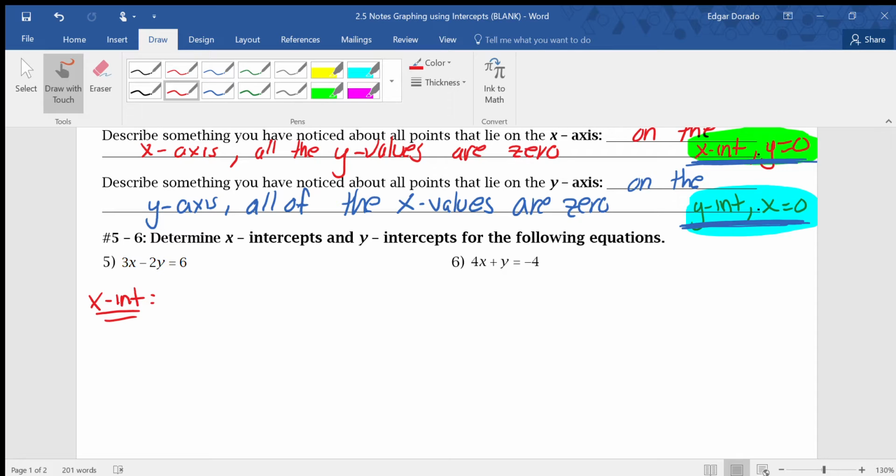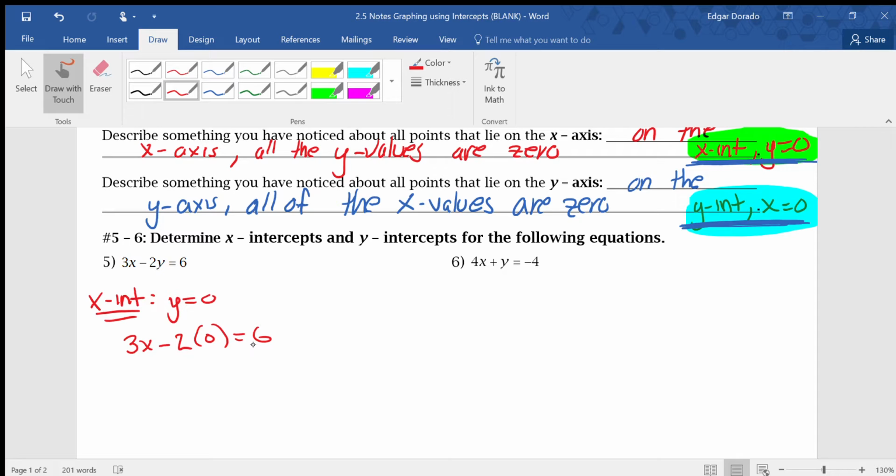All right, so if I'm looking for my x-intercept, then my y has to equal 0. So plugging that into my equation, I'm going to get 3x minus 2, and now instead of a y, I'm going to put a 0, equals 6. And now it's just a matter of solving.